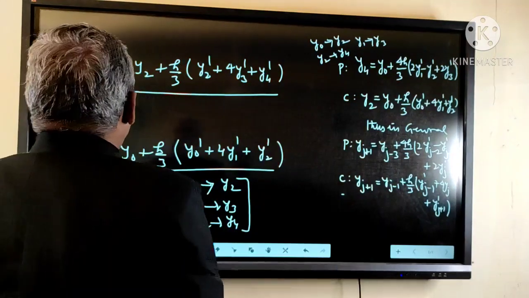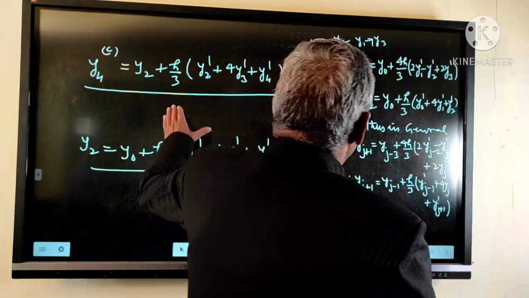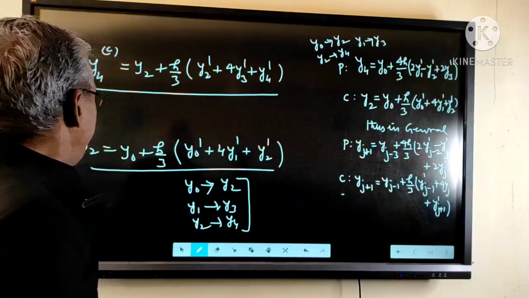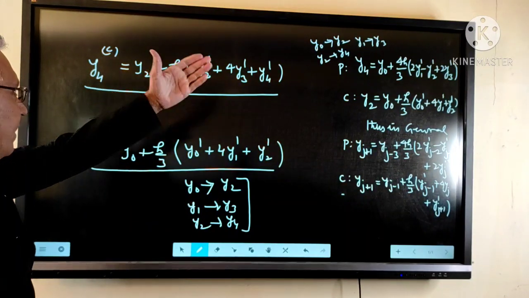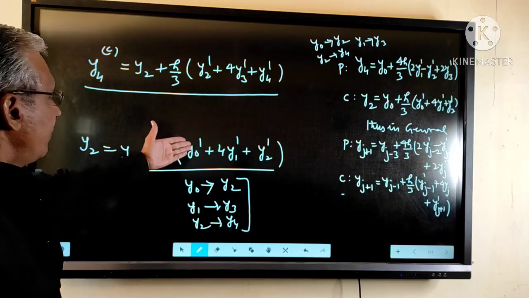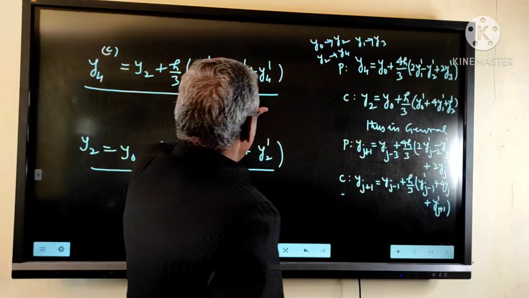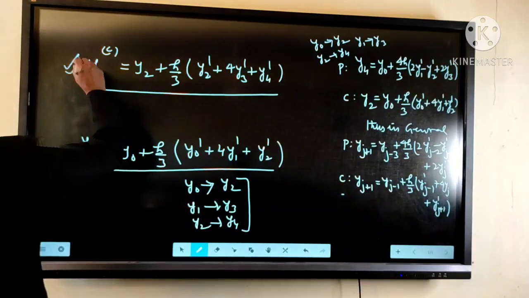We are putting y0 as y2, y2 is calculated, plus h by 3, y0 dash is replaced by y2 dash, y1 dash by y3 dash, and y2 dash by y4 dash. This is the corrected value of y4.